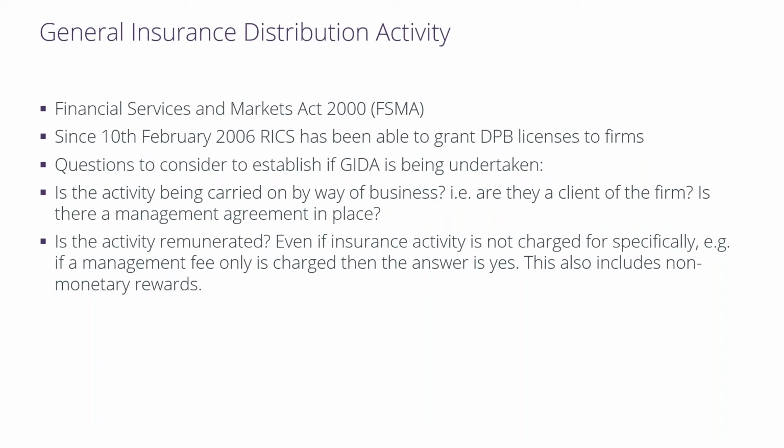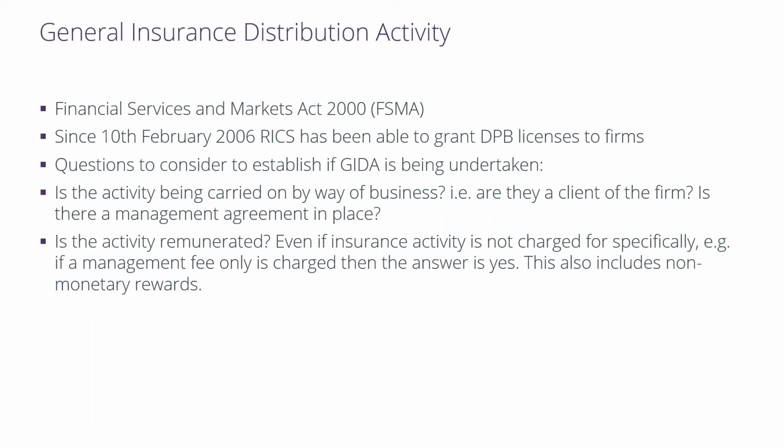Instead, they can be licensed by their professional body, in other words, the RICS, to carry on a regulated activity. Carrying on a regulated activity in the UK without the appropriate FCA authorisation or via an exemption, such as through the RICS DPB scheme, is a criminal offence under Section 19 of the Financial Services and Markets Act 2000.